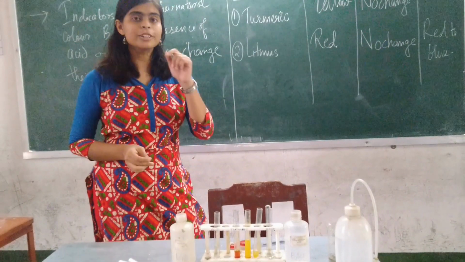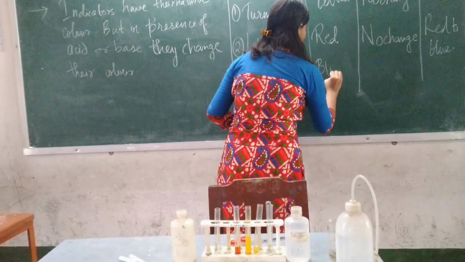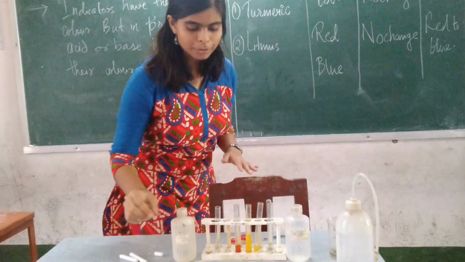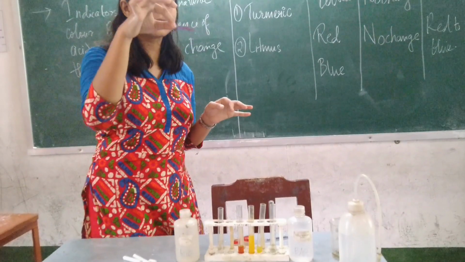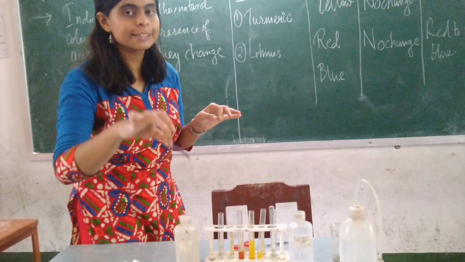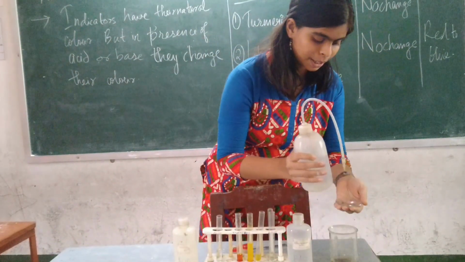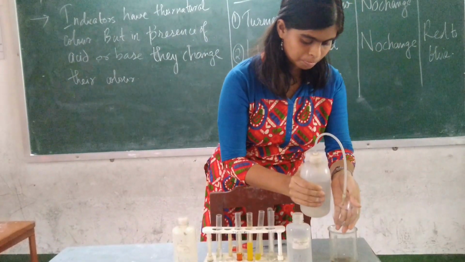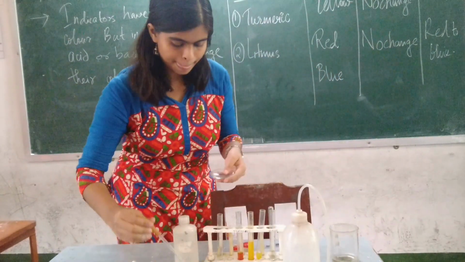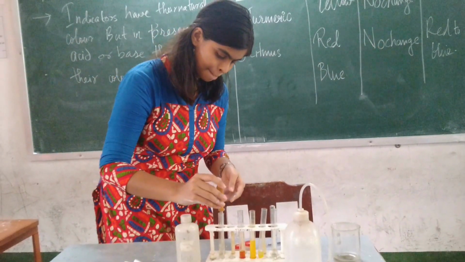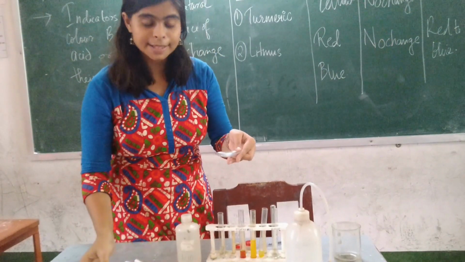Now we will see what happens with blue litmus. Since this litmus has turned blue, let's see what color it changes in presence of acid and base. This is acid.